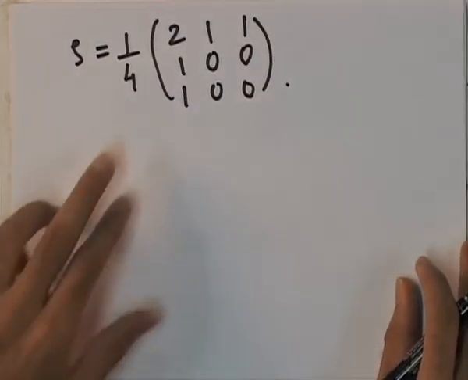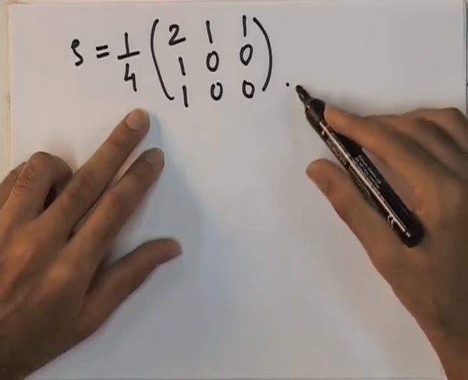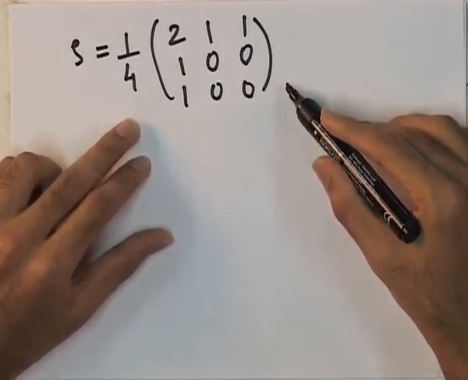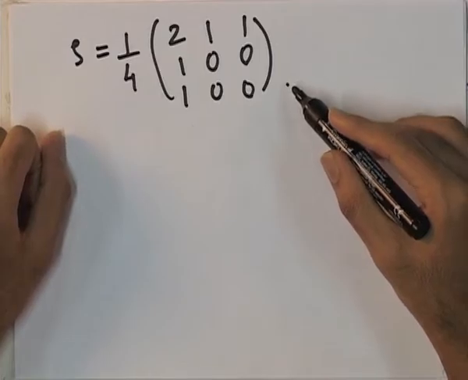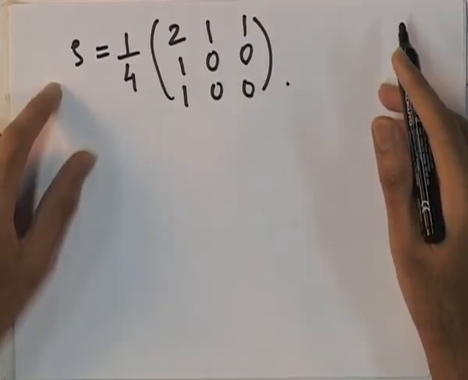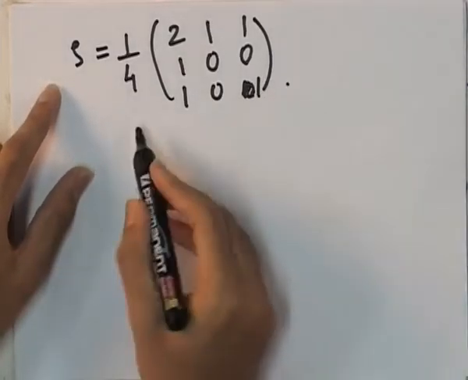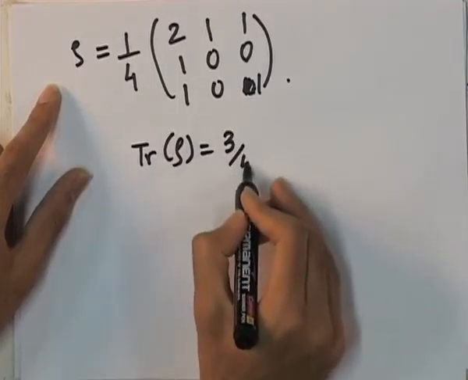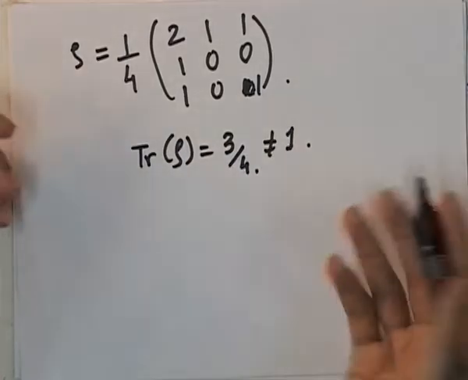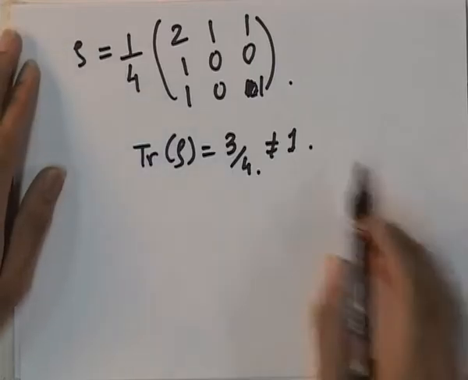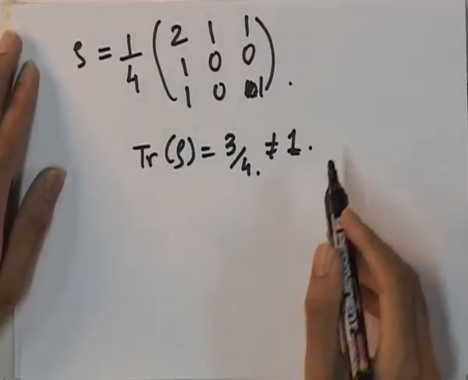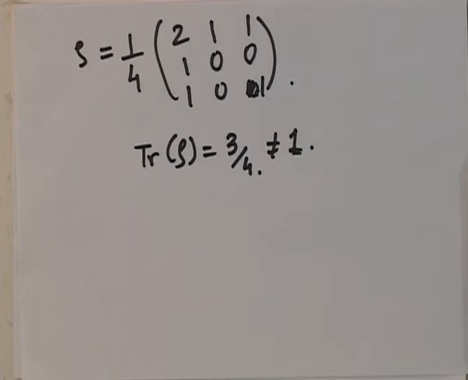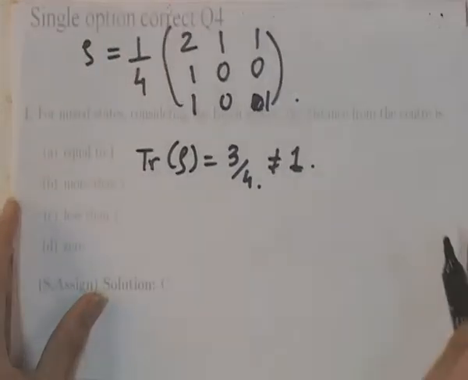The first condition that needs to be checked whenever a claim is made regarding a matrix being a density matrix is whether the trace is 1. The trace of the given matrix is not equal to 1. It's 3 by 4. Hence, it is not a density matrix, because every density matrix has to satisfy the condition that its trace has to be 1. So the correct answer is option C, which is that rho is not a valid density matrix.